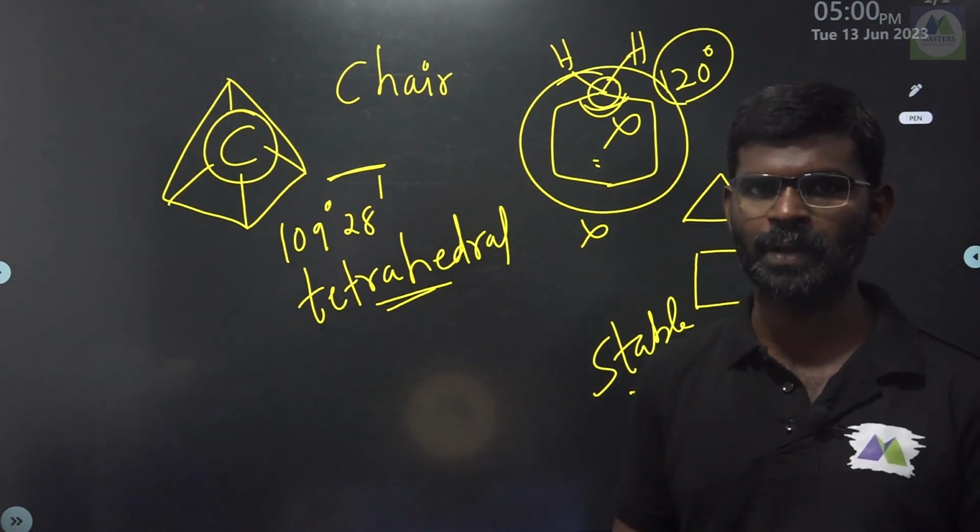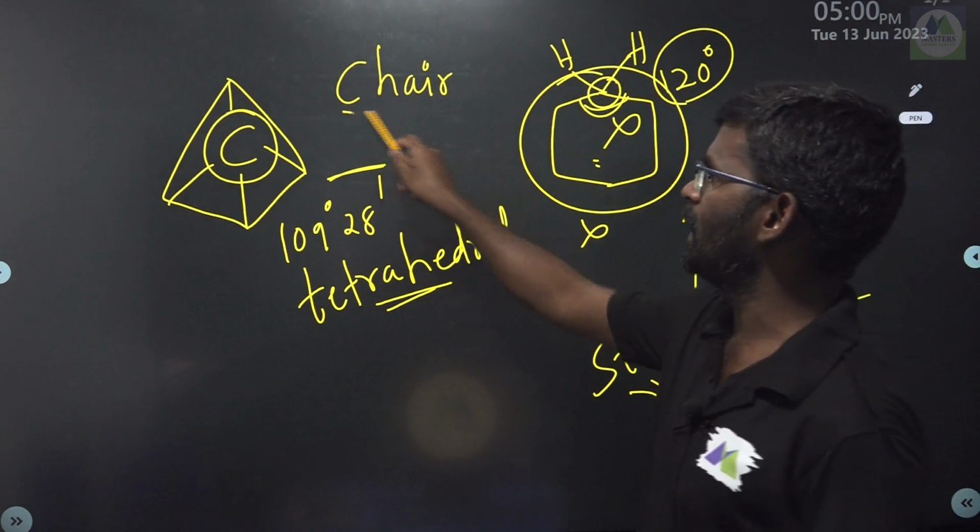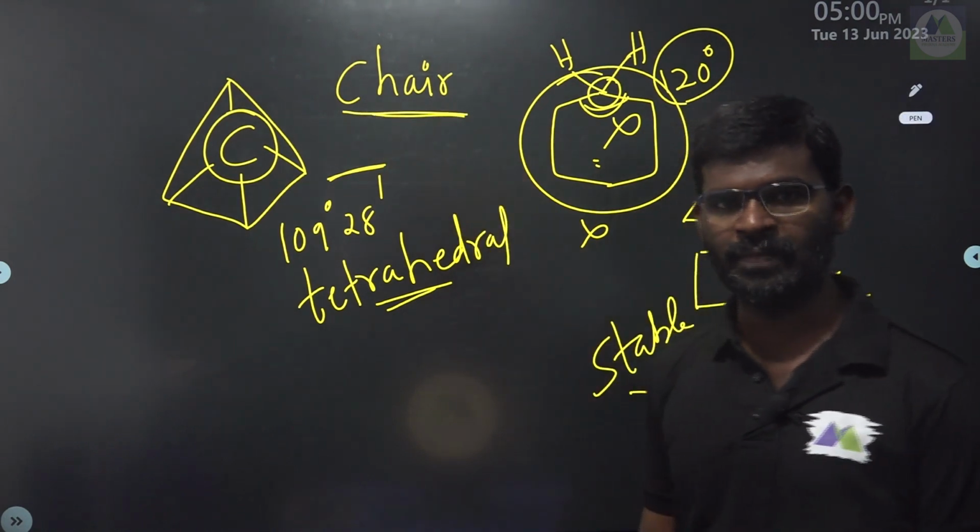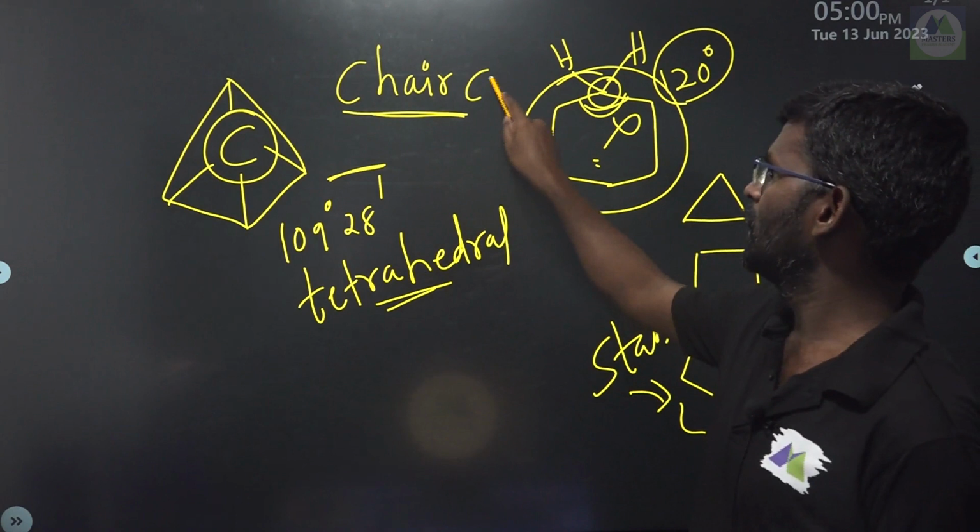To overcome that drawback, we have Sachse-Mohr theory. In that theory, there is a famous stable structure, the chair conformation.